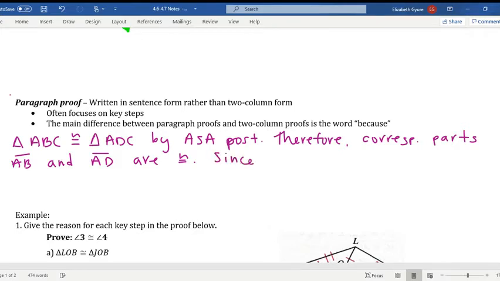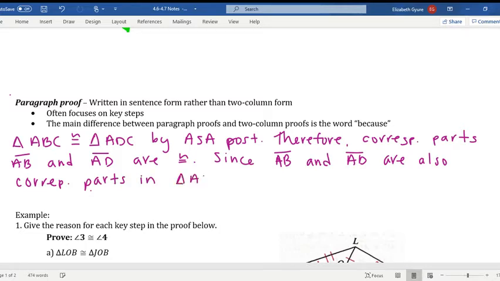Since segment AB and segment AD are also corresponding parts in triangle ABO and triangle ADO, they are congruent by SAS.